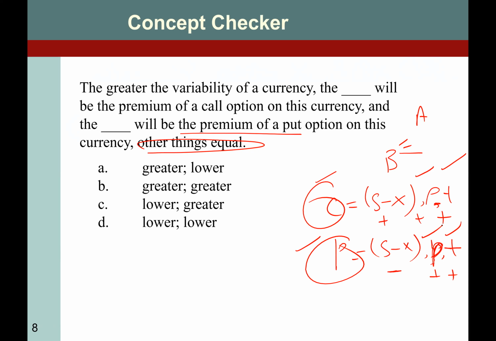If there is more variability or volatility, the call and put premiums will both be higher. But here is the difference. If spot minus strike price is a positive number, then the call premium will be higher. If spot minus exercise price is a negative number, then the put will be positive. The answer is B, right? Not A. Understand?